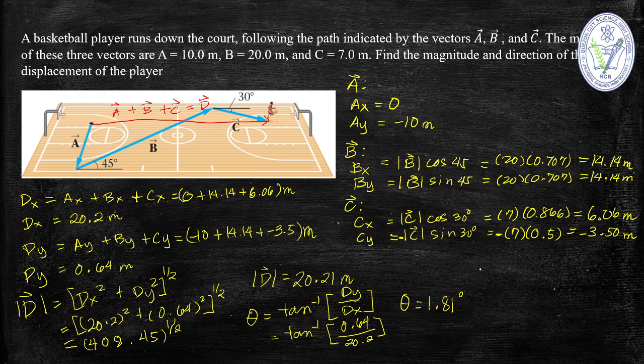So the final answer here would be: vector D in polar form is 20.21 meters, 1.81 degrees with respect to the positive x axis.